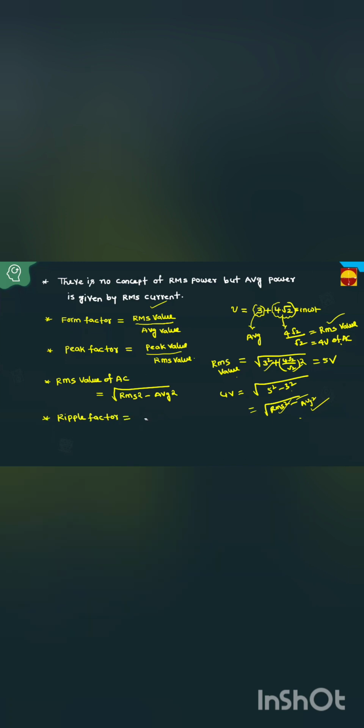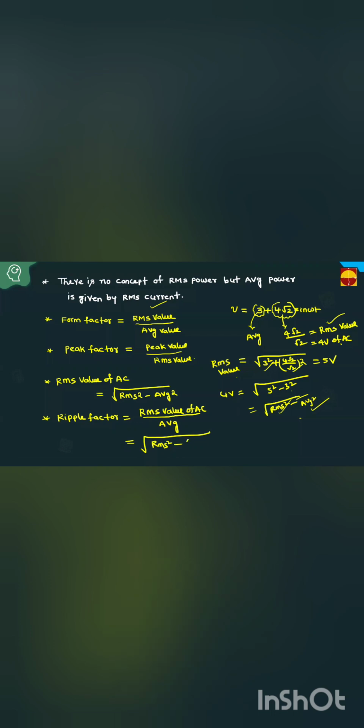The ripple factor equals the RMS value of AC by the average value. Shall I write like this, friends? Here I am explaining the significance of form factor. What is the RMS value of AC? Square root of RMS square minus average square, by average.